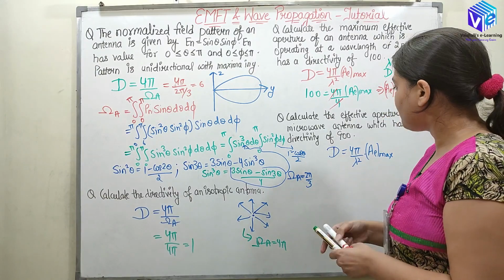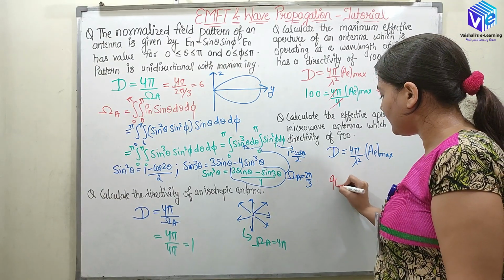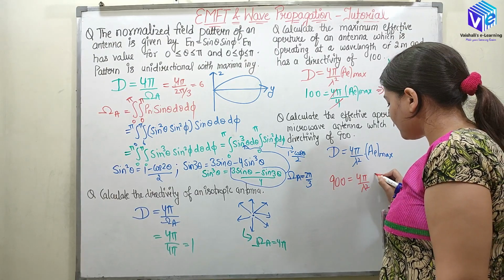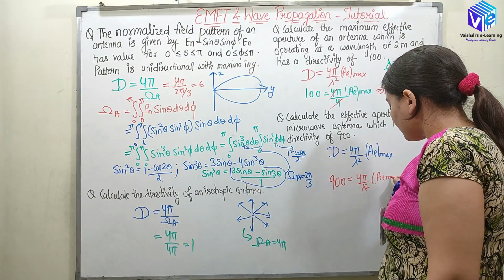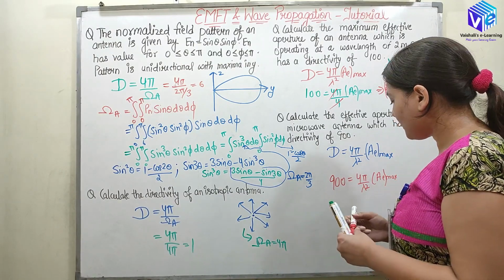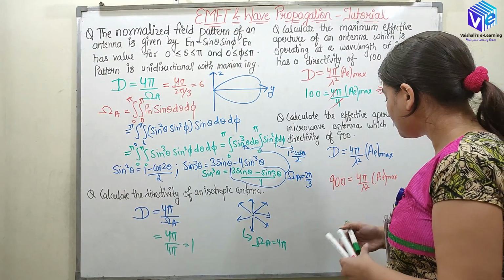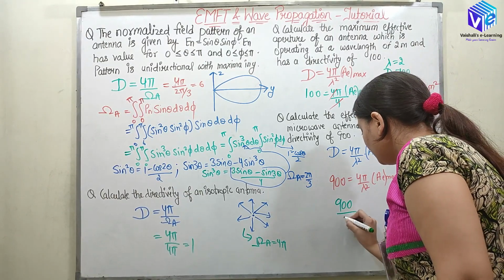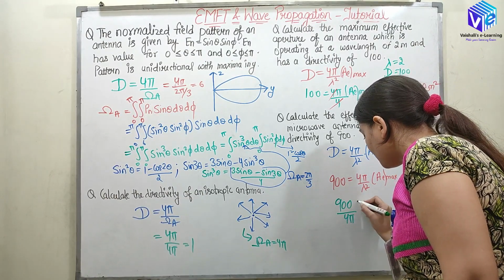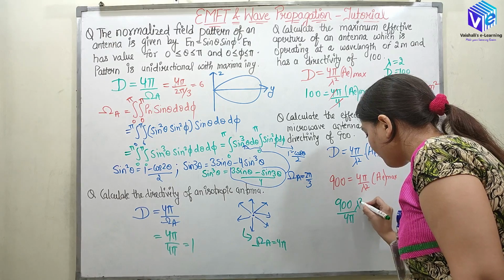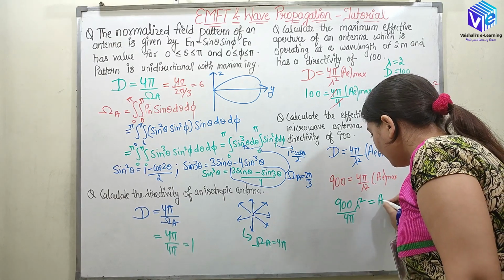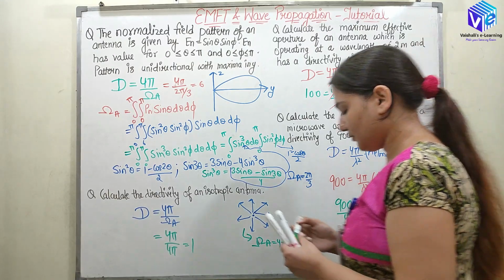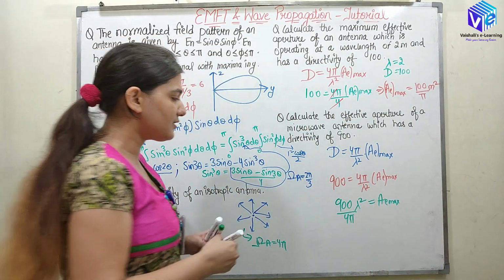Now we put the value of directivity: 900 is equal to 4 pi upon lambda square AE max. In terms of lambda, I will be finding the aperture. So 900 upon 4 pi into lambda square is equal to AE max. Now you can easily solve this question.